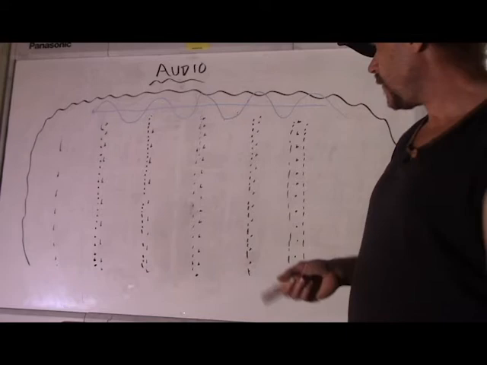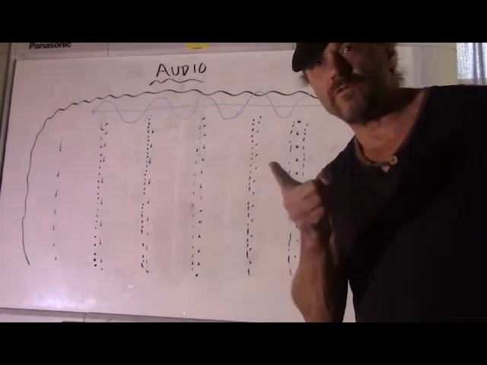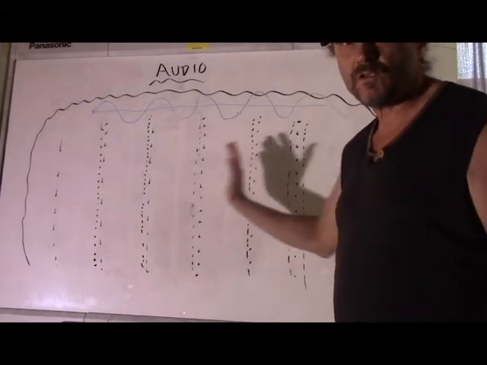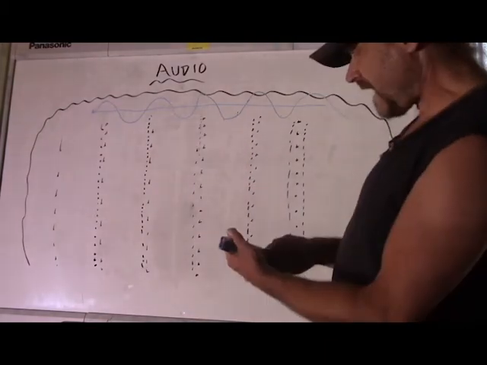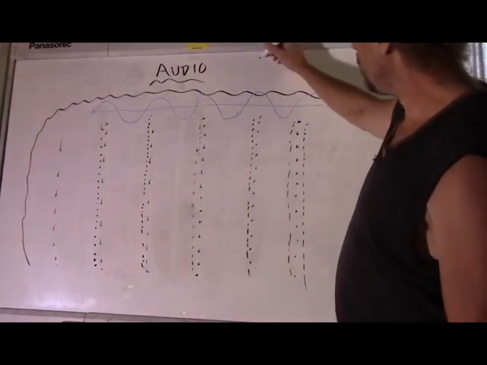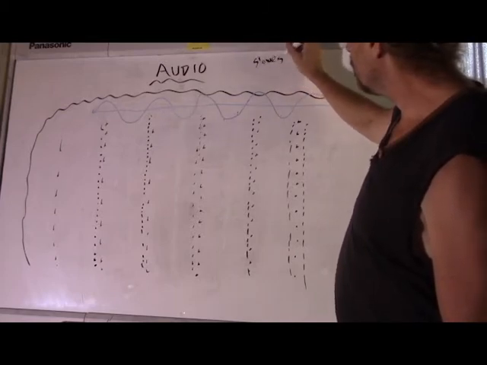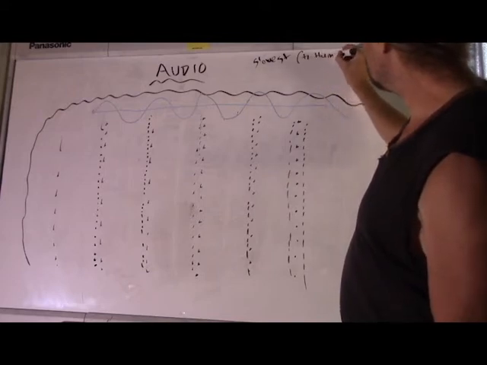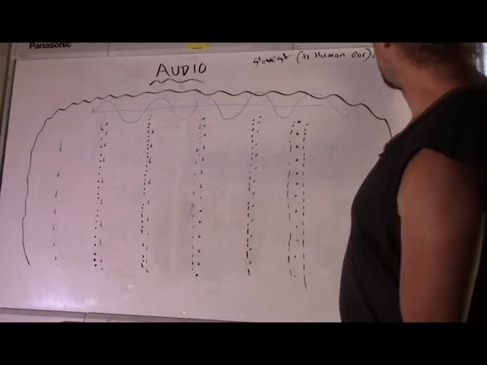Okay, so let's talk next about how we first started recording these air waves getting squished. And remember, the slowest sound to the human ear is about 20 times per second.